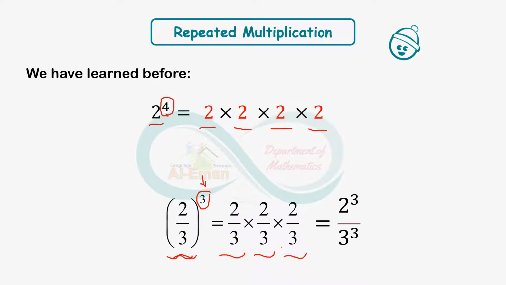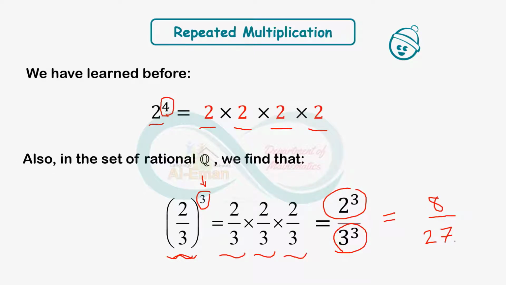And we can reduce it by multiplying the numerators together and the denominators together. 2 times 2 times 2 gives 2 to the power 3, and 3 times 3 times 3 gives 3 to the power 3. It also equals 2 to the power 3, which is 8, over 3 to the power 3, which is 3 times 3 times 3 equals 27.